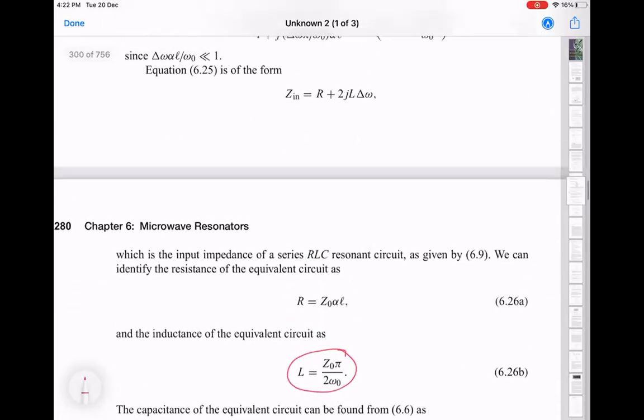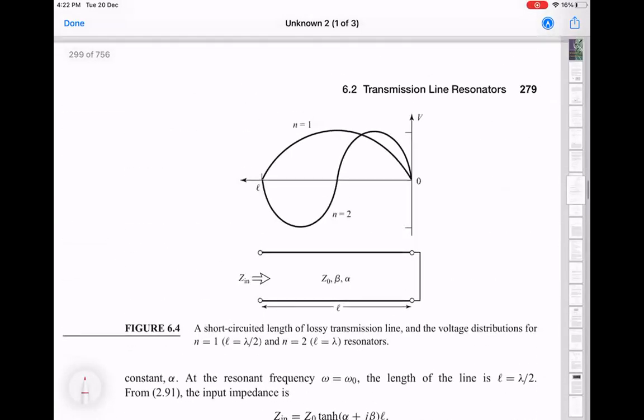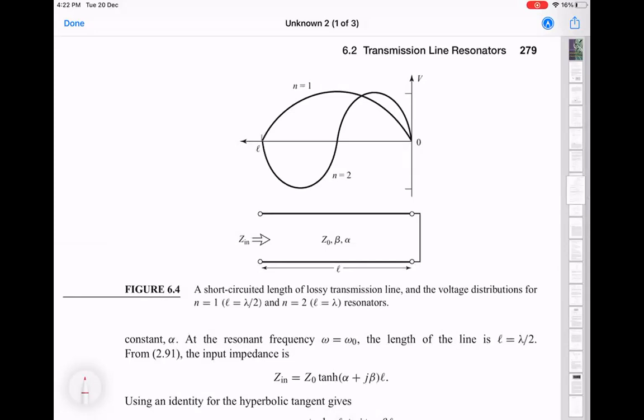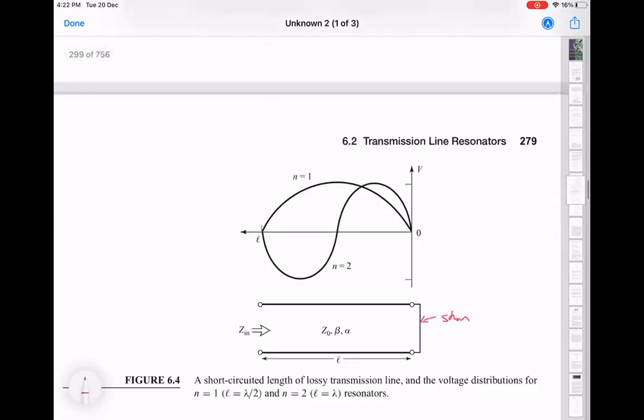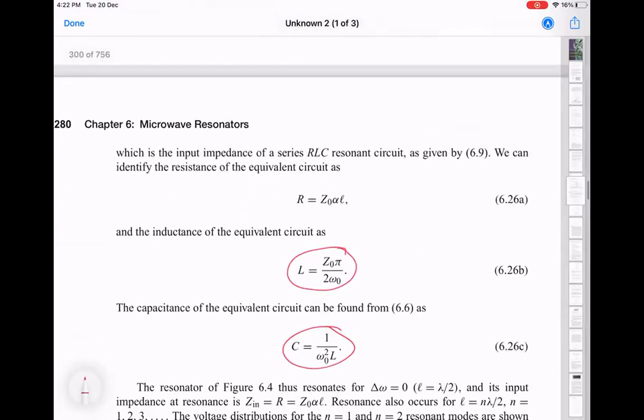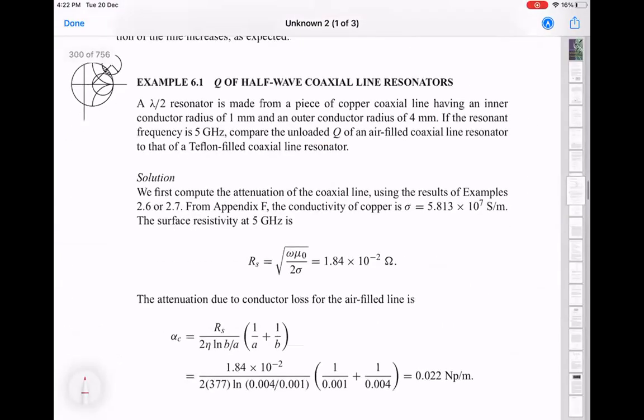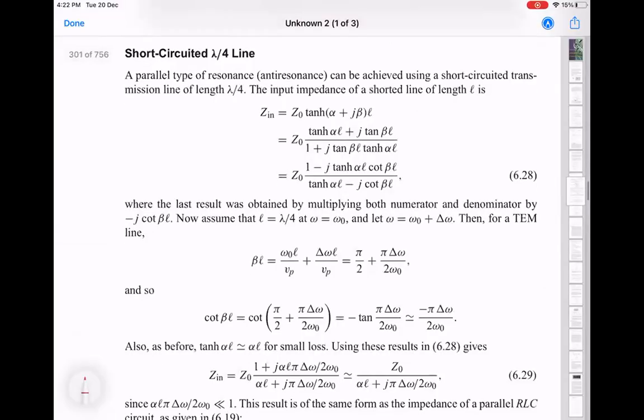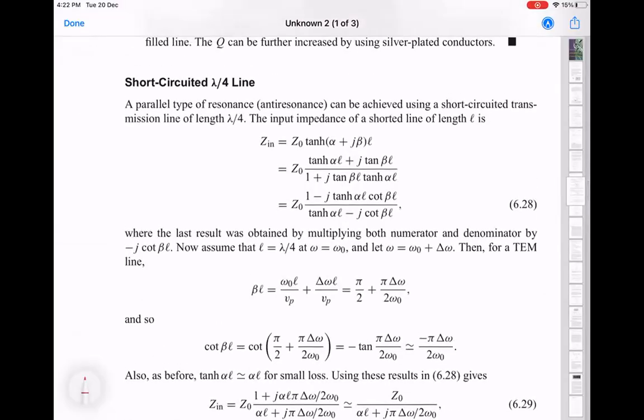So this one is the case of a shorted line. So this is a short here, and it's lambda by 4, or lambda by 2, which is supposed to be like a series LC oscillator. Then you have a shorted lambda by 4 section, it's like a parallel LC oscillator, and this is basically related to whether at resonance you have a pole in the impedance or you have a zero in the impedance.